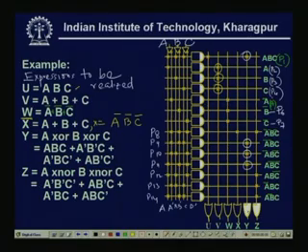And Z is A B C bar, A bar B C, A B bar C and A bar B bar C bar, which is nothing but the 3 input XNOR. So, Y and Z realize the 3 input XOR and 3 input XNOR respectively. This is one example of how a set of 3 variable functions can be realized.